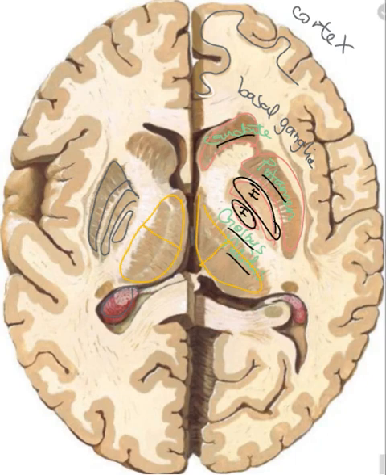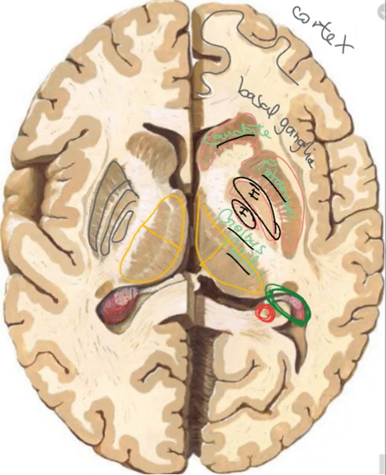Then we have the functional part of the basal ganglia, which consists of two parts: the substantia nigra, and this small part, which is the red nucleus. These parts are more likely near the midbrain, but they are functionally working with the basal ganglia.